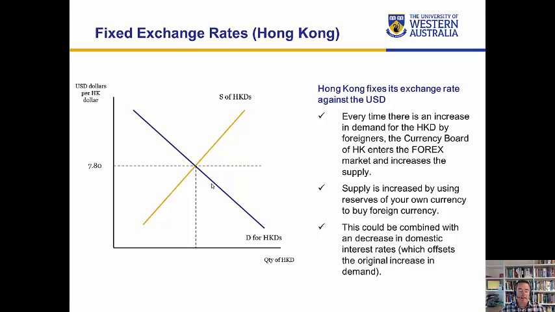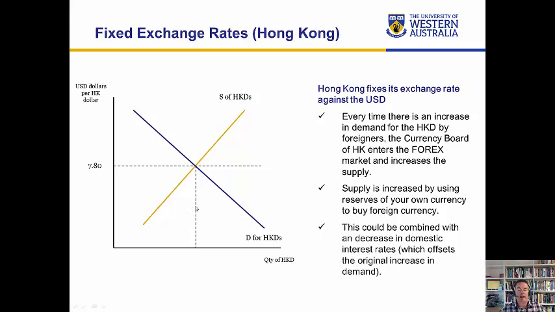Okay, so the way this actually works is that in the case of Hong Kong, they have a currency board, and the currency board's objective is to keep the exchange rate fixed at 7.8. So if there is an increase in the demand for the Hong Kong dollar, just imagine the demand curve moving to the right, to prevent the appreciation of the Hong Kong dollar against the US dollar and the breakdown of the fixed exchange rate system, the currency board would have to then increase the supply by the same amount.